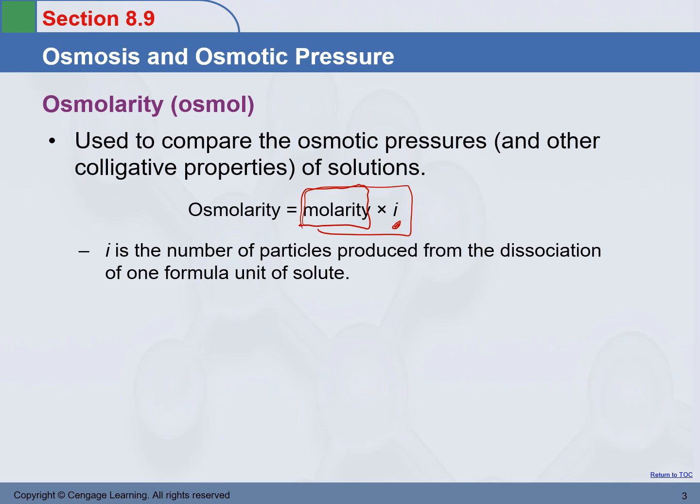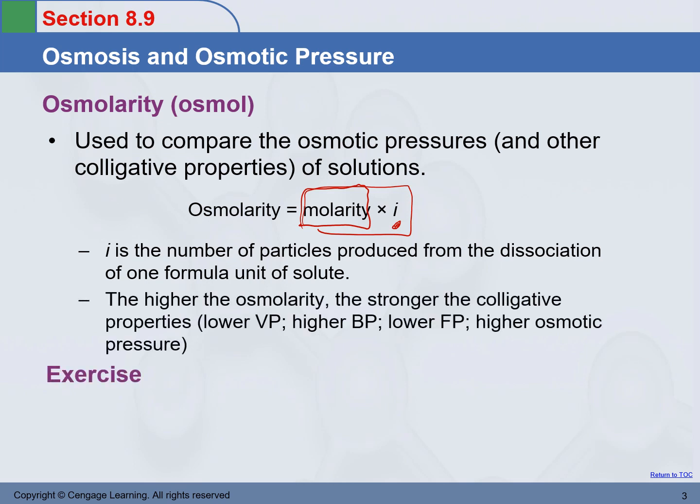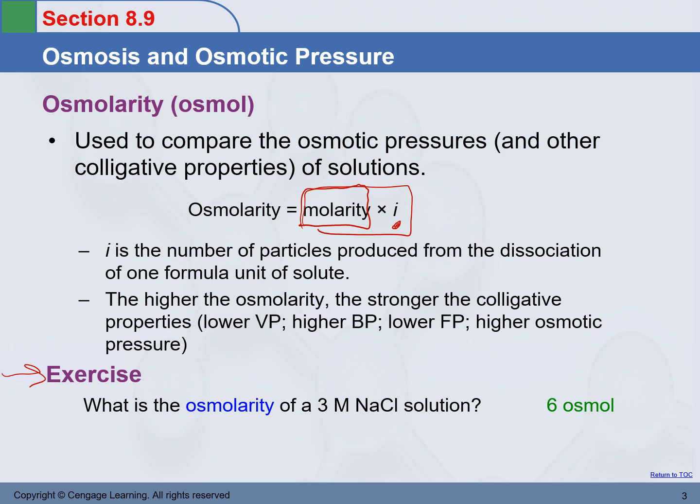If you still aren't quite sure what it is talking about, let's use an example here. Let's do the exercise here. What is the osmolarity of a 3 M NaCl solution, sodium chloride? Well, we know the molarity, 3 M. However, the molarity is the concentration of the solute, not the number of particles.